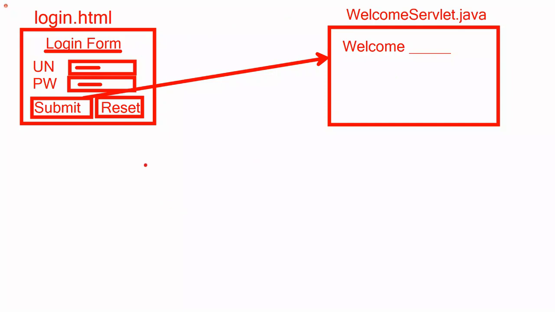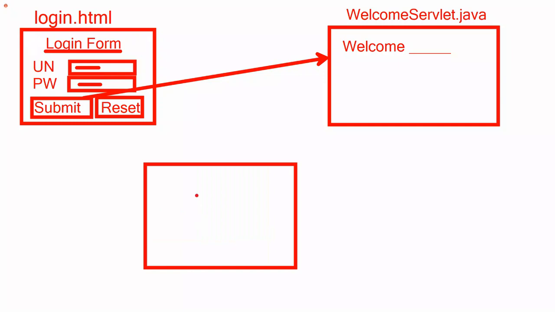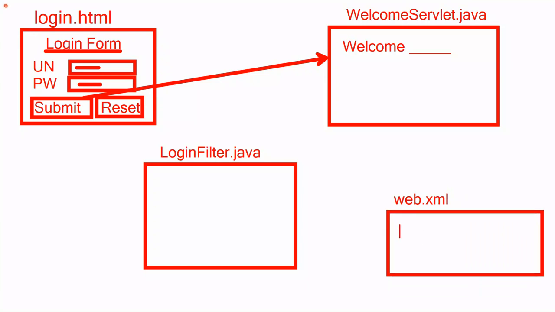Now, here is one more program, LoginFilter.java. It is a filter. And there is the web.xml file. In the XML file I'll write the code: whenever a request comes to the welcome servlet, divert the control to the login filter. What we have to write and how to write, we'll see later.